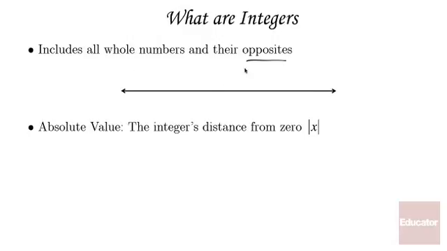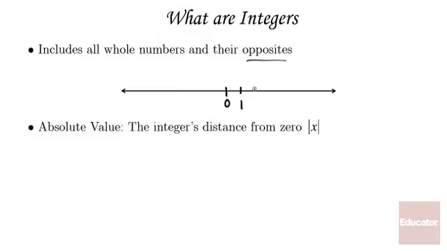So if I have a number line right here, I'm going to make that 0 right in the middle. Then all of my numbers to the right of it are going to become positive.